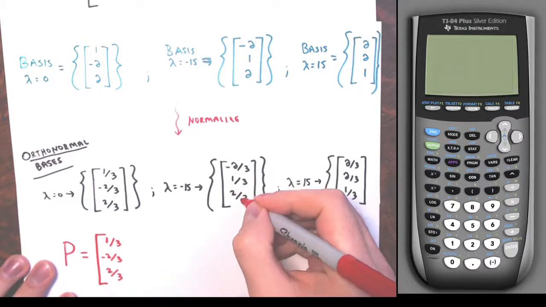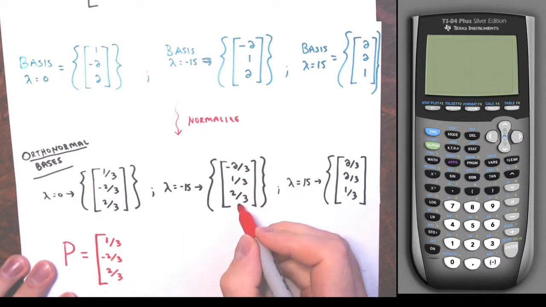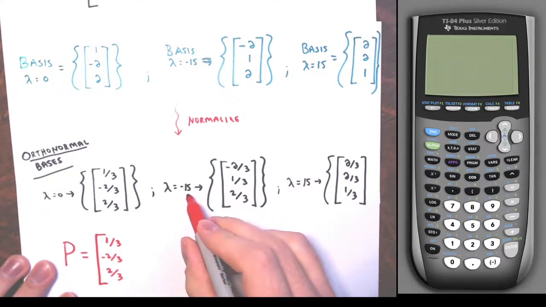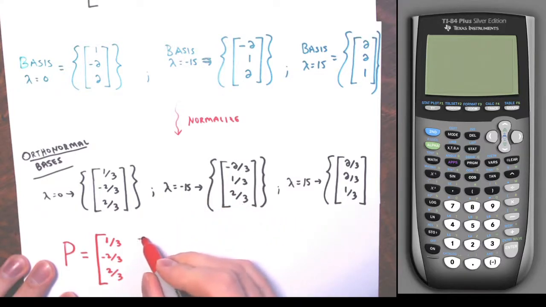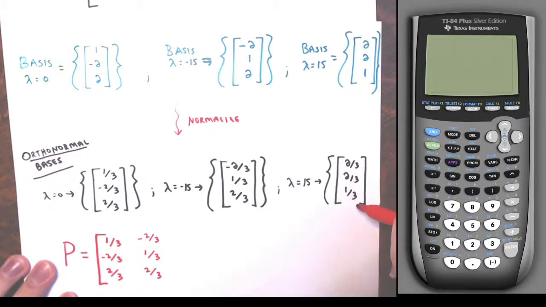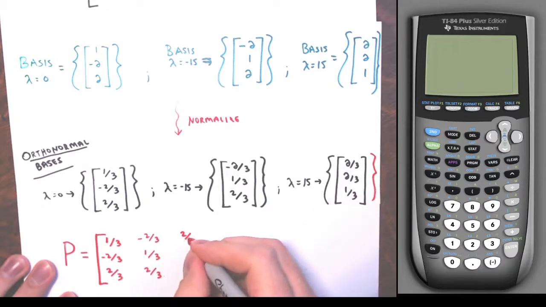Second column, from the orthonormal basis for the eigenspace when lambda was negative 15, you have negative 2/3, 1/3, and 2/3. And then the last column, for when lambda was 15, I forgot to close that off, 2/3, 2/3, 1/3.